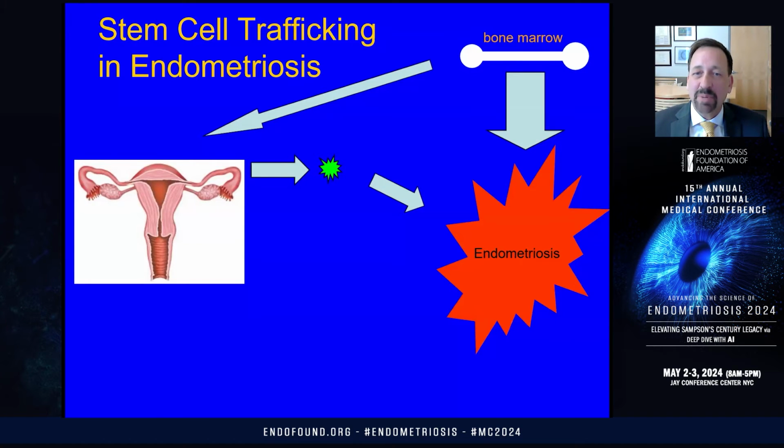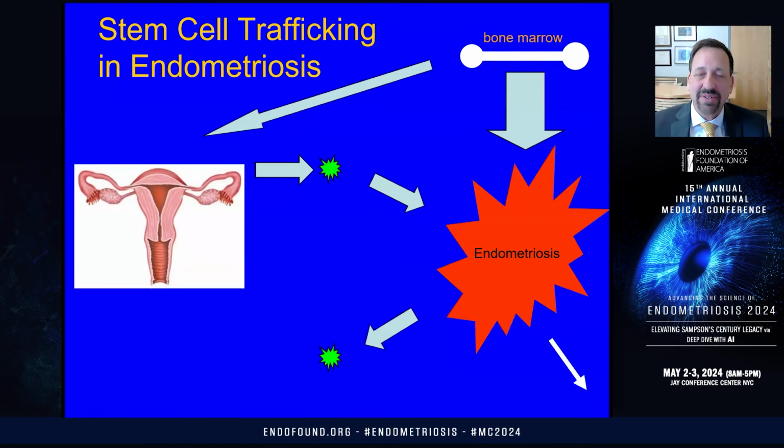And I draw that line much thicker going to the endometriosis because that inflammatory environment in the endometriosis attracts more stem cells. And then those cells can leave the endometriosis and contribute to or influence a host of other organs throughout the body. Could this be a way where we see the mechanism that mediates those non-pelvic manifestations of endometriosis?